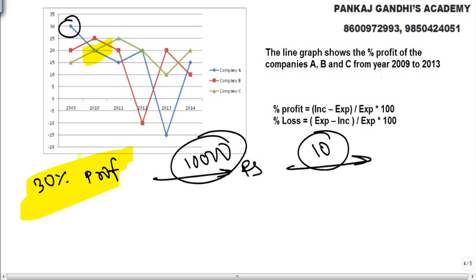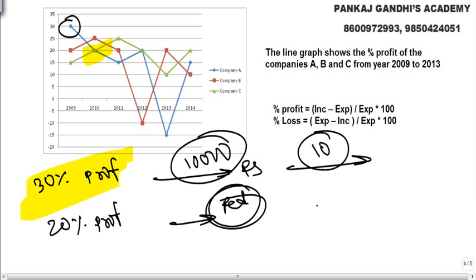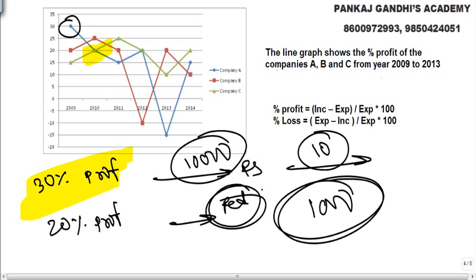Next year it's making 20% profit. 20% profit means selling price is reduced, थोड़ा कम हो गया, but let's say it's able to sell 1,000 articles. So no, per article profit will get reduced, but total profit may be more.